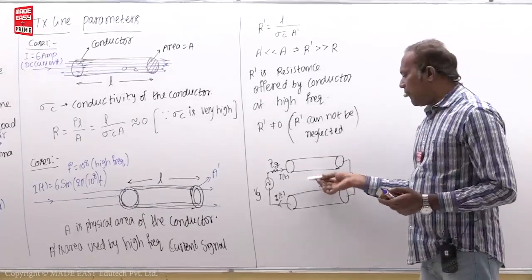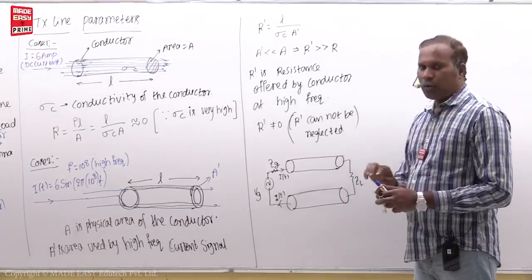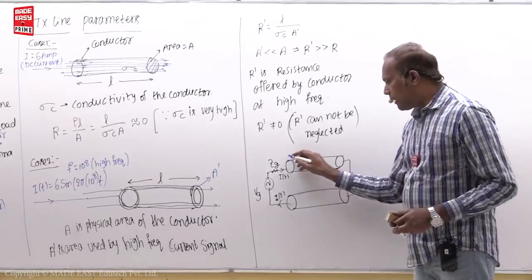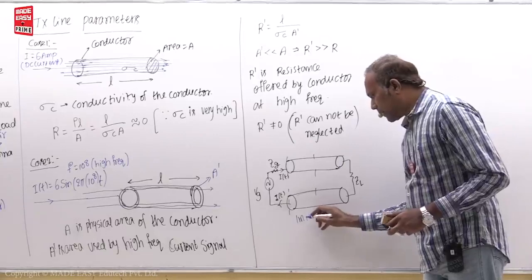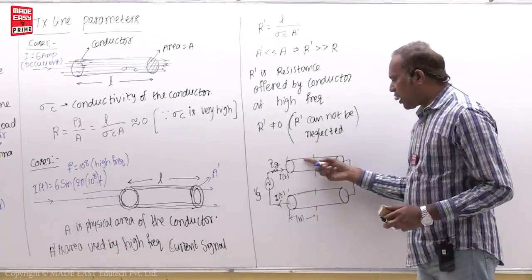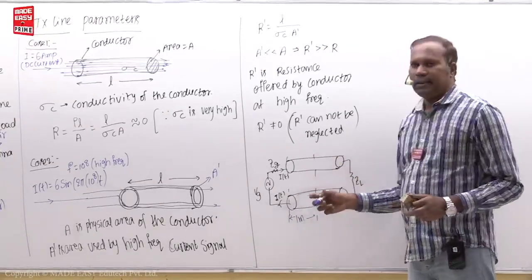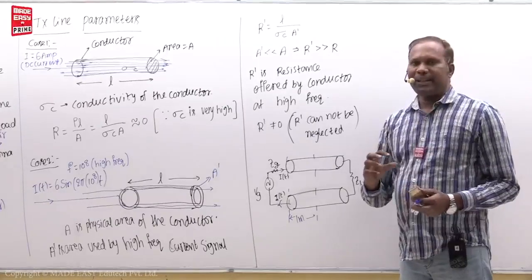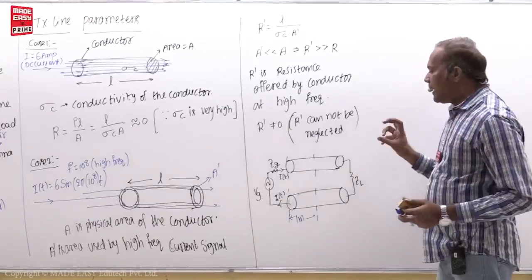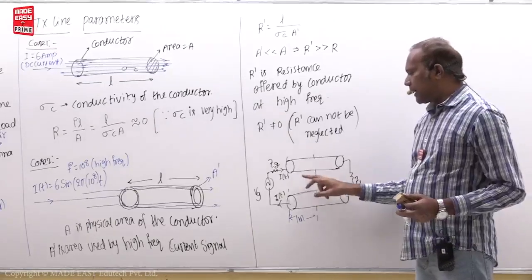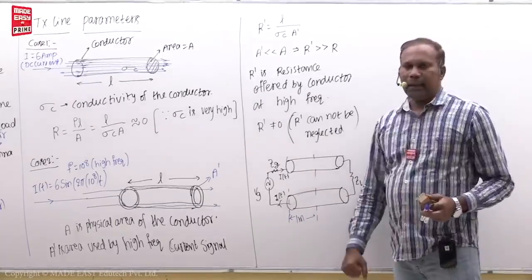After manufacturing, by doing experiments, they measure per each meter length, 1 meter length, how much resistance is offered by both the conductors. That is symbolized as capital R. So capital R is the series resistance of both conductors per each meter length.